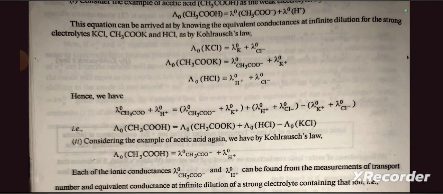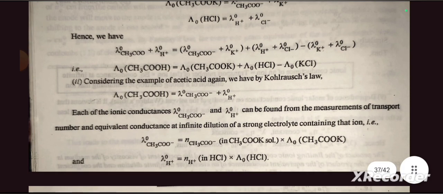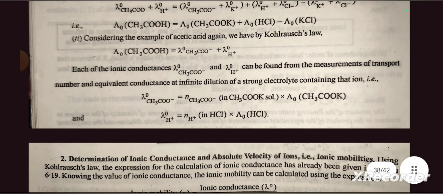This equation can be arrived at by knowing the equivalent conductance at infinite dilution for the strong electrolytes KCl, CH3COOK and HCl, as by Kirchhoff's law, lambda naught KCl is equal to lambda naught K positive plus lambda naught Cl negative, and lambda naught HCl is equal to lambda naught H positive plus lambda naught Cl negative.